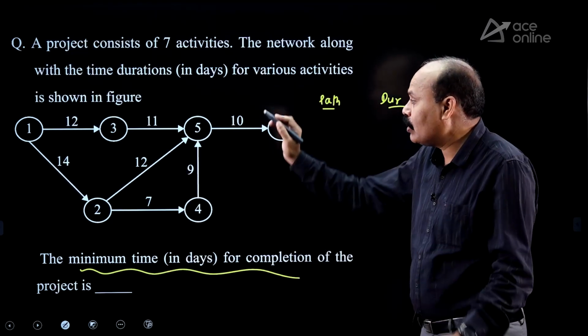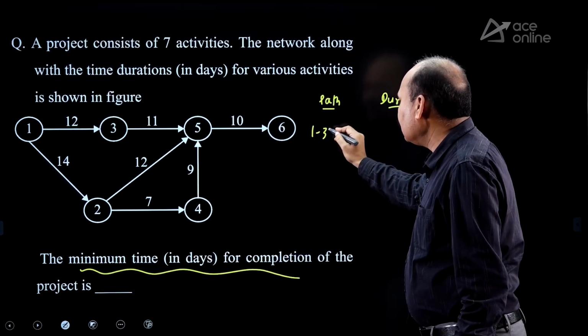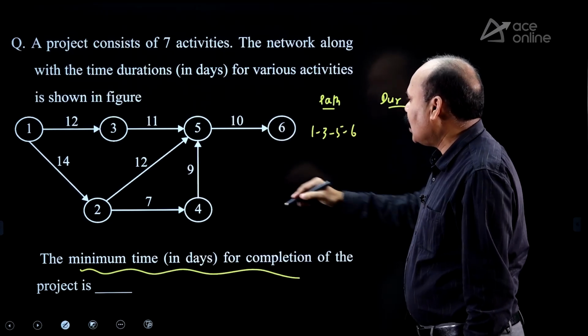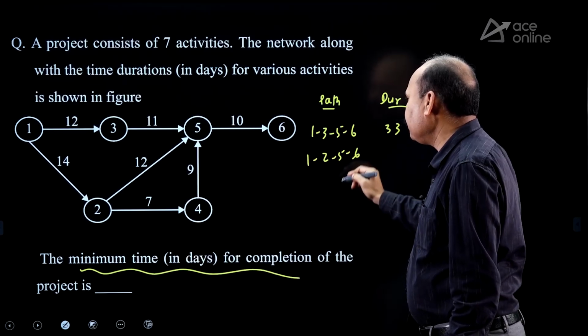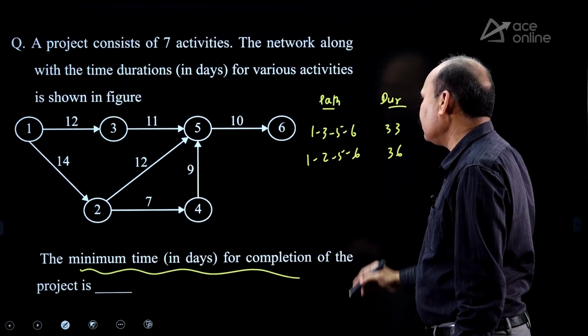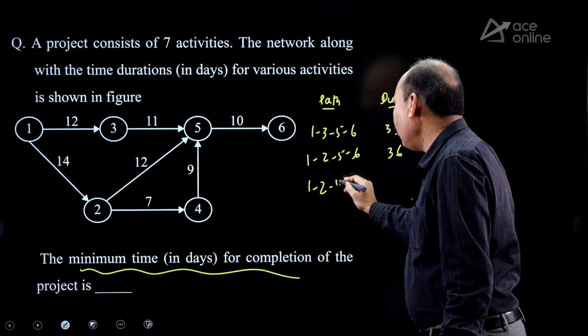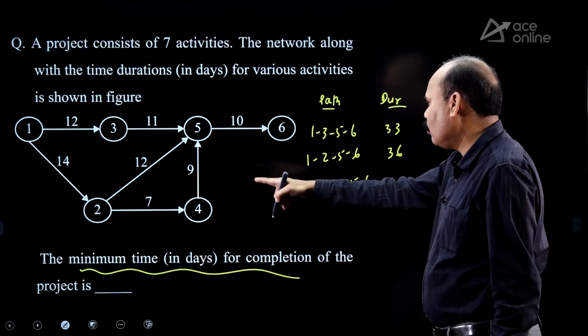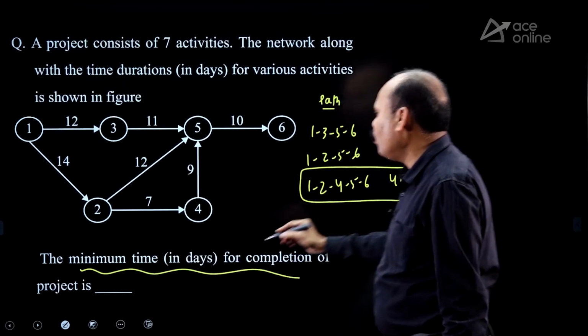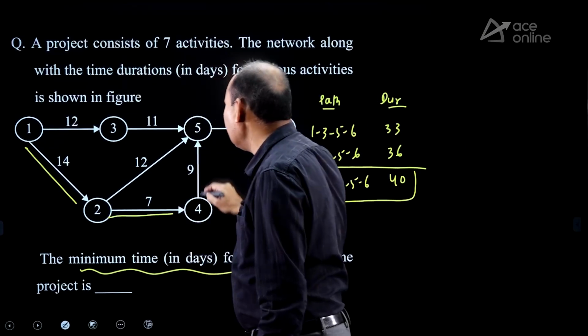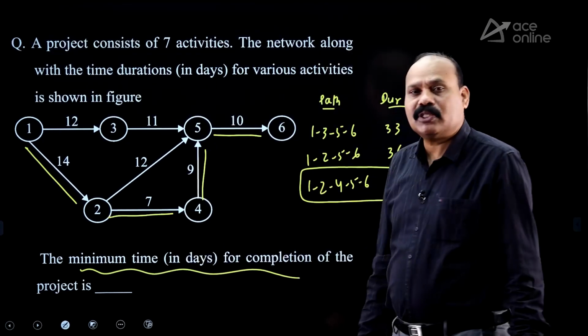Seriously, I'm telling you. Paths: 1, 3, 5, 6, 33; 1, 2, 5, 6, 36; 1, 2, 4, 5, 6, 21 plus 30 plus 40. Critical path is 1, 2, 4, 5, 6. What is the project completion time?